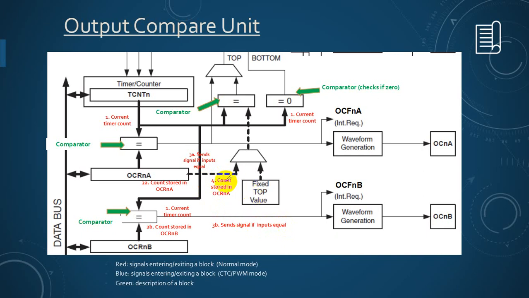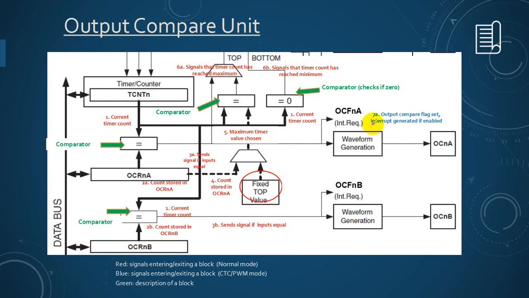Then the count stored in the output compare register, and you compare it with the fixed stop value. In this mode, you give the fixed stop value, then you compare over here. If the maximum timer value is chosen, it signals that the timer count has reached the maximum. Then it signals that the timer count has reached the minimum.